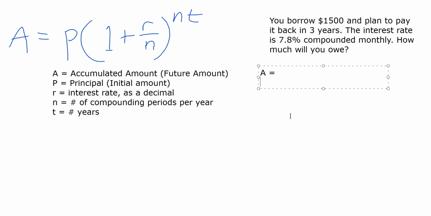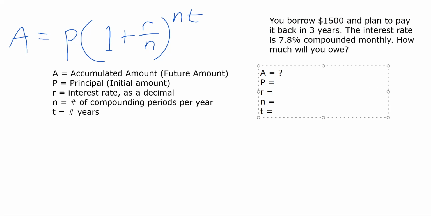So let's write out what each of the variables are for this particular setup. And then we'll just plug them into the formula. I'll show you the best way to put it in the calculator, and that'll be good. A is going to be what we don't know. A is going to be the future amount, the accumulated amount, the amount that you're going to owe in the 3 years.